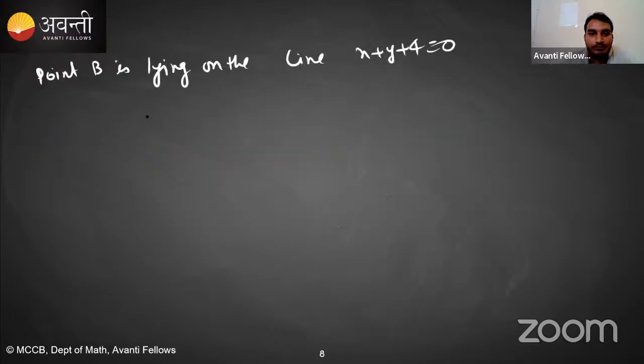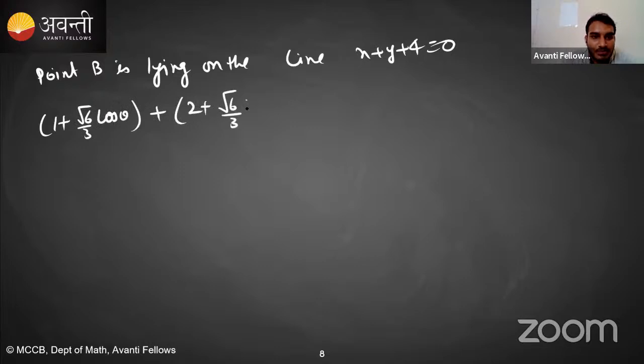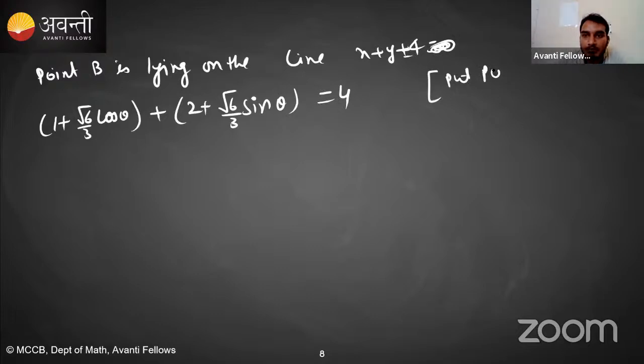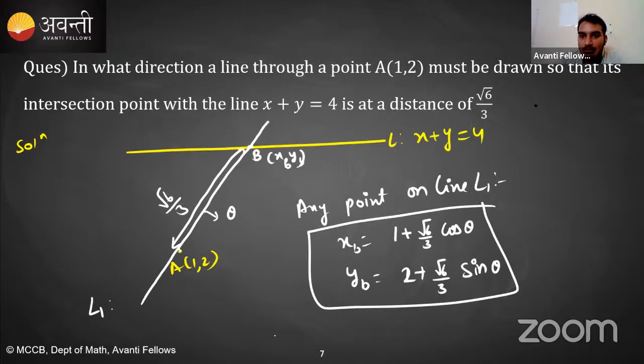What is the point? 1 plus r cos theta, this is x, plus y1 plus r sin theta is equal to 4, right? We just put the point B on the line L.